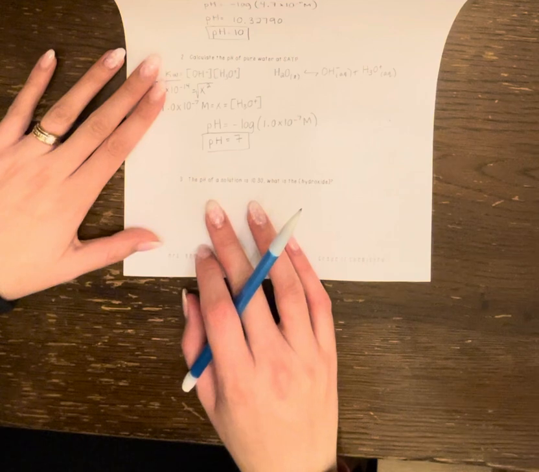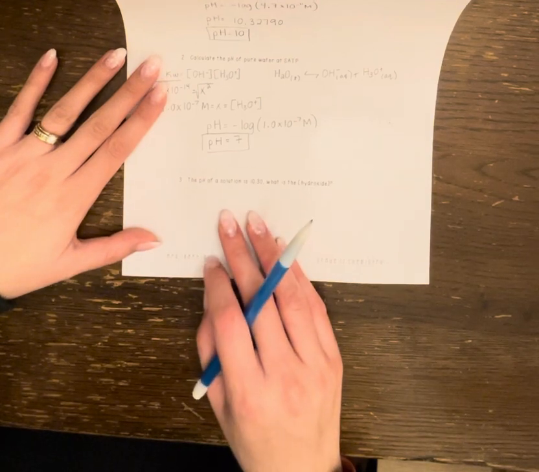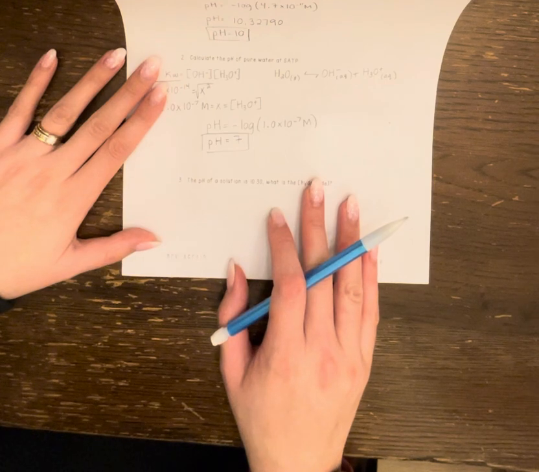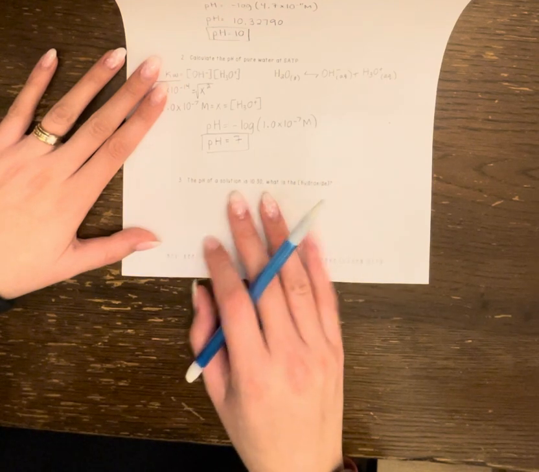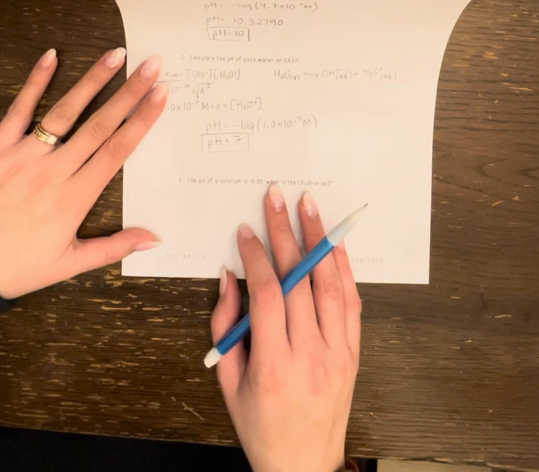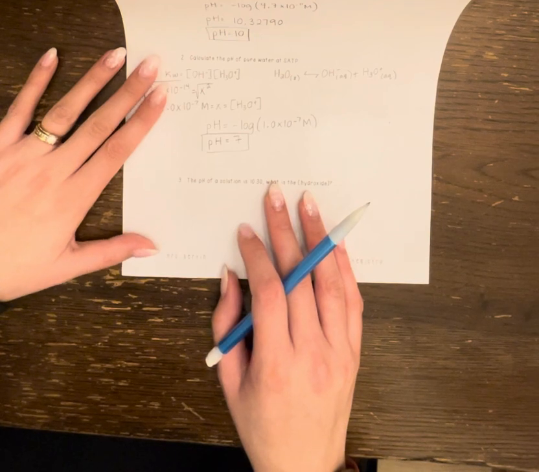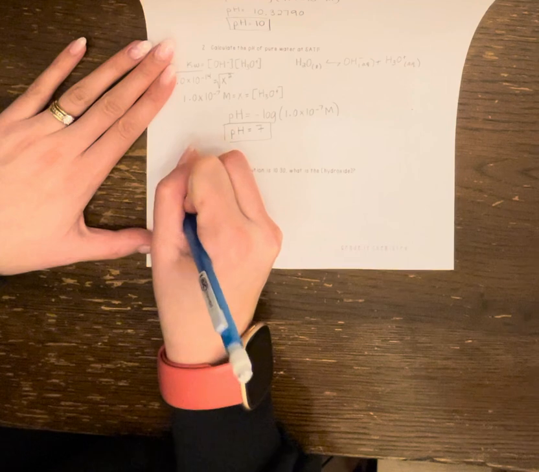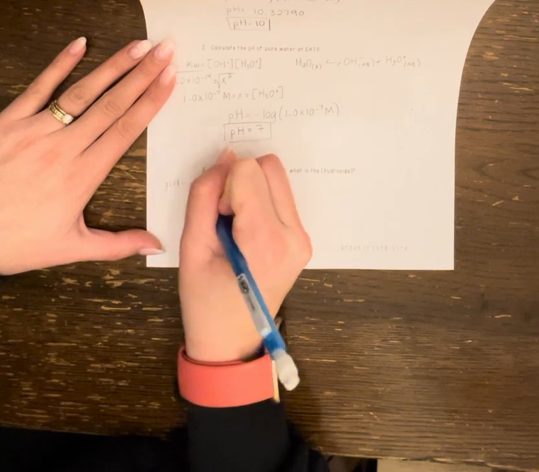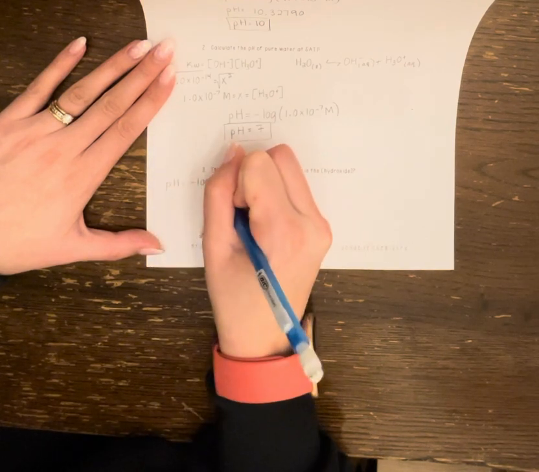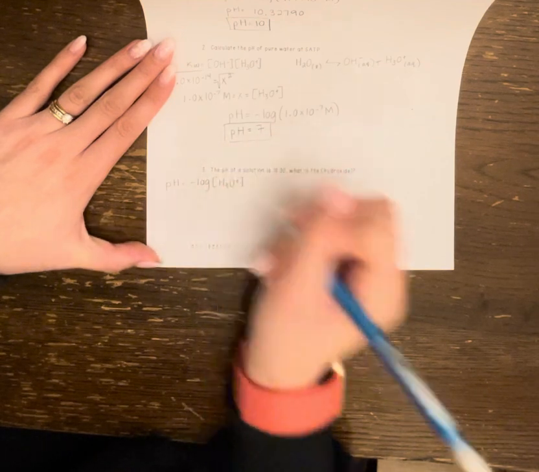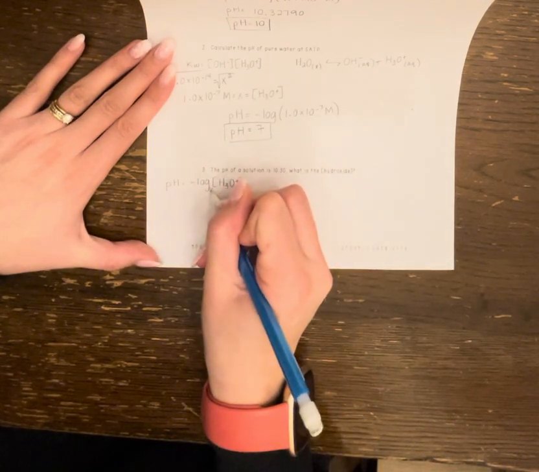So this third question, this is why pre-cal is the suggested prereq for this, because you need to know that there's a log and then there's an inverse log. So for logs of base 10, the inverse of this formula, if we know that pH equals the negative log of the hydronium ion concentration, this is a log base 10.